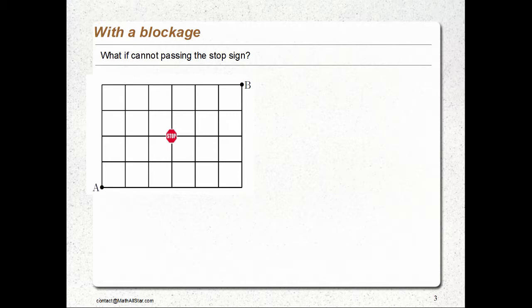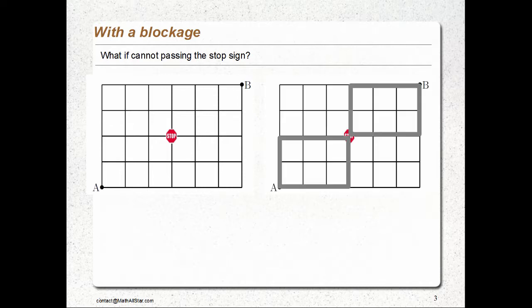Instead of counting how many routes not passing the blockage, let's first count the number of routes that pass it. This new problem can be solved in 2 steps. The first is to count the routes from the point A to the blockage. The second is to count the routes from the blockage to point B. Both of them are a mini version of the previous example. Do you see that?